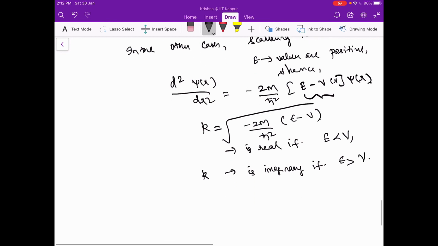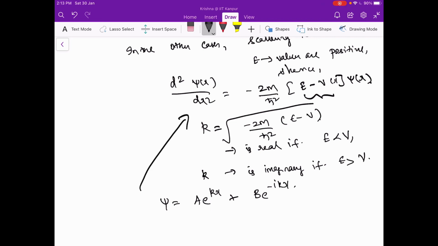So the solutions psi, which is A e power kx plus B e power minus kx, are solutions to this equation.